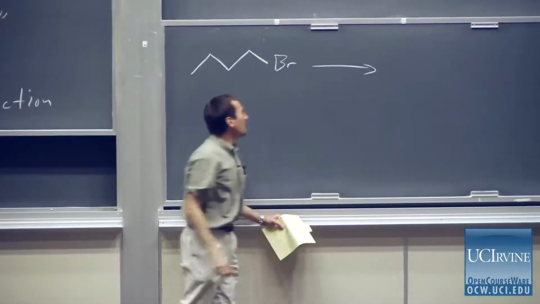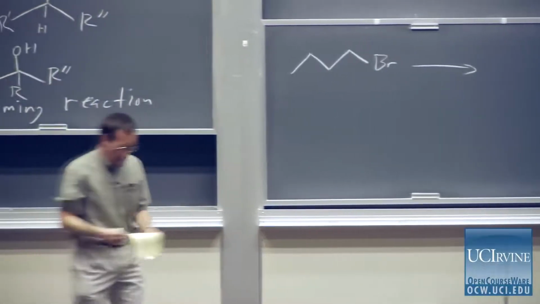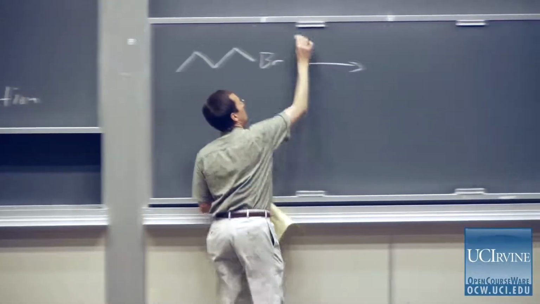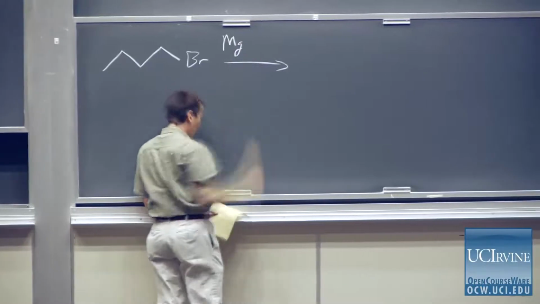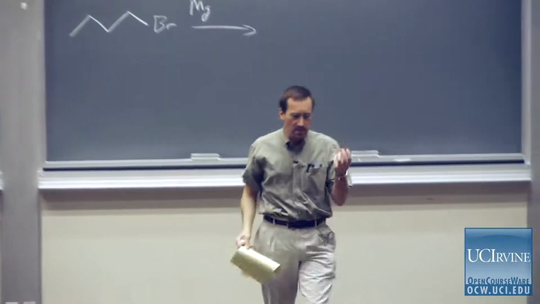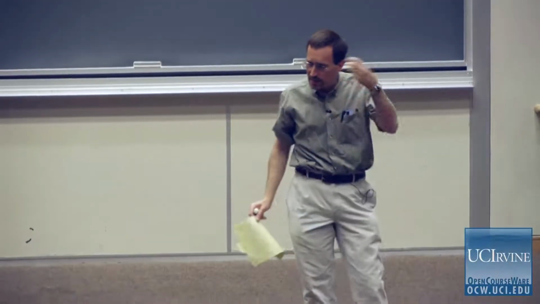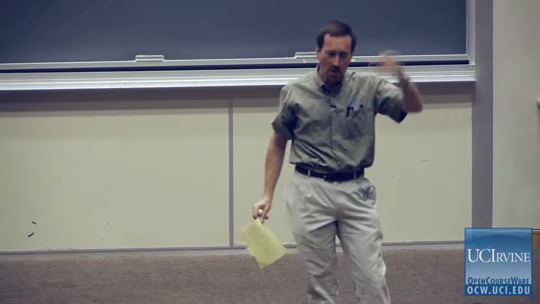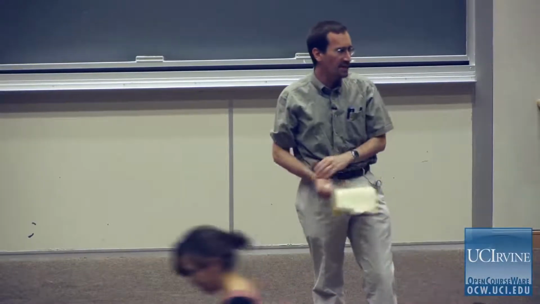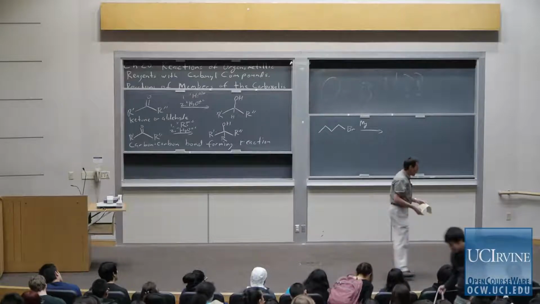Anyway, if we take an alkyl halide such as butyl bromide and we treat it with magnesium metal, if you've done one of these reactions in the laboratory, you'll have seen your magnesium metal is kind of bright and shiny and lightweight. It comes as turnings that have been worked off a big block of magnesium with a lathe. And you'll put them with your alkyl halide in a solvent.